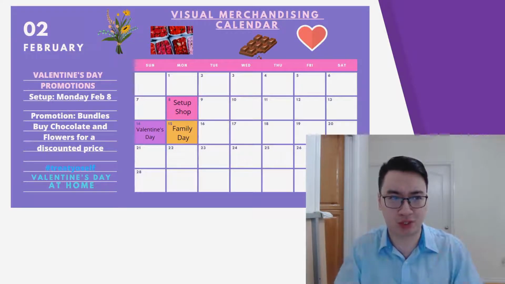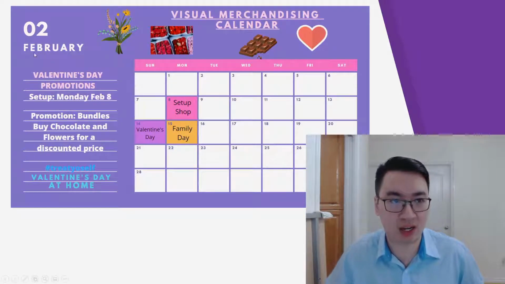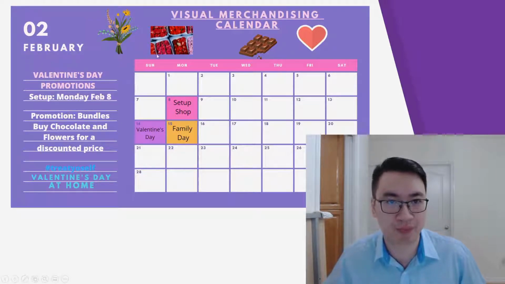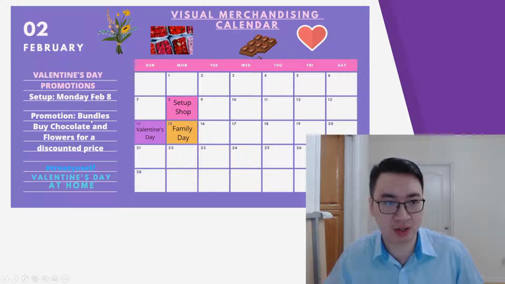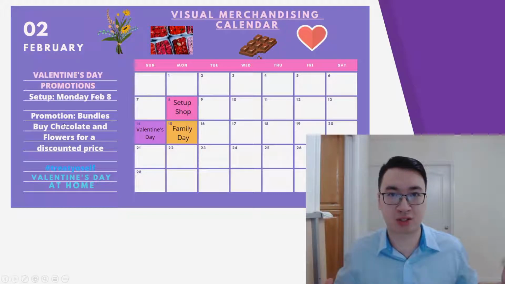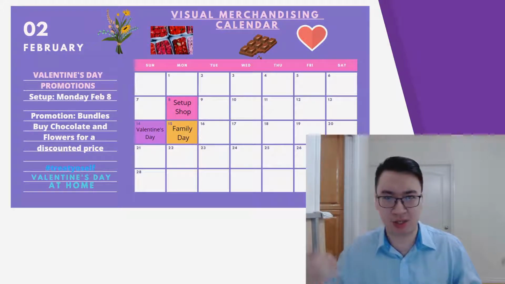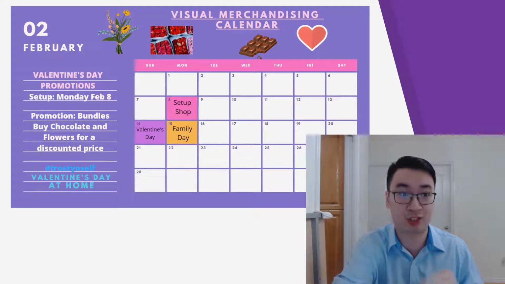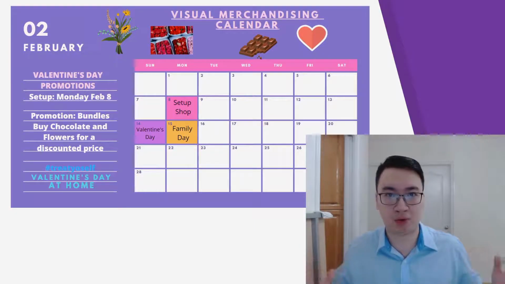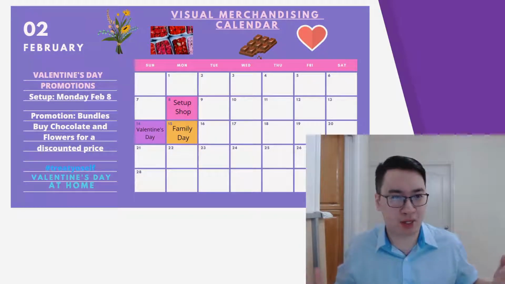So in February, I have the Valentine's Day promotions set up on February 8th. And the promotion: bundles. Bundles are a great way to sell products to customers. It's increasing their overall average spend, and they're buying more, so it increases revenue per customer.